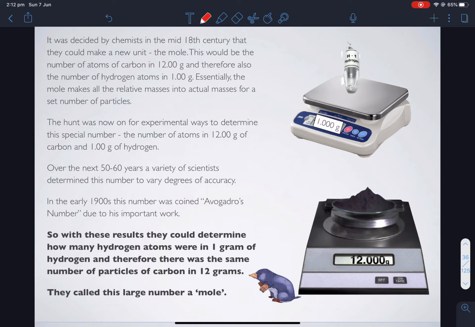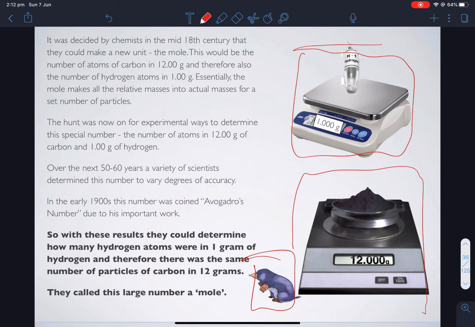We have a mole of this, a mole of that. And the number of particles that are in there is called Avogadro's number. So that's why I've got the little mole there. And in my diagram, I've got a very crappy image of a hydrogen ampule on a set of scales with 1 gram there. Obviously badly put together, but it's my talent. And 12 grams of carbon on there. Okay.